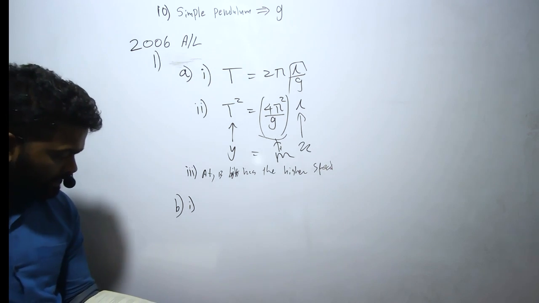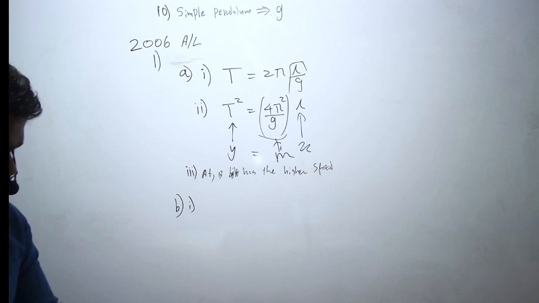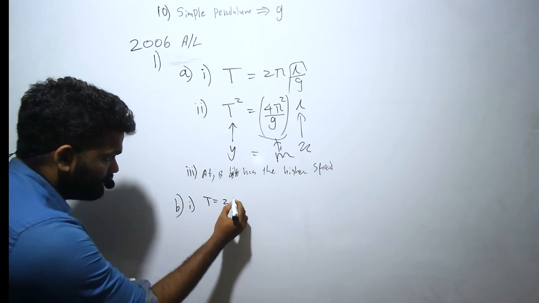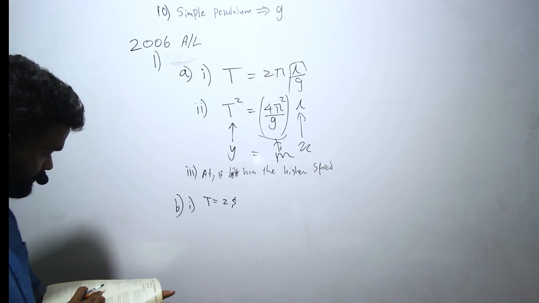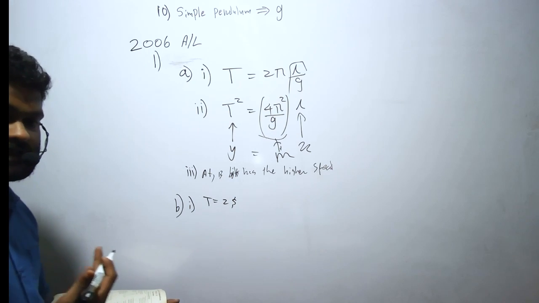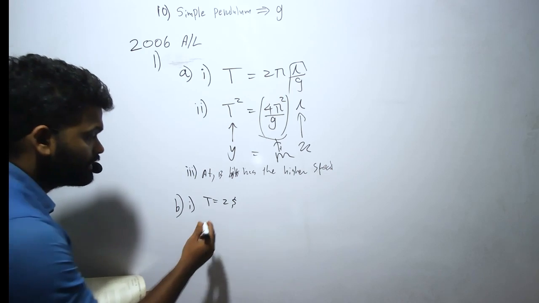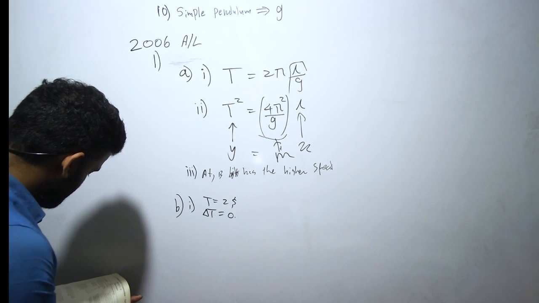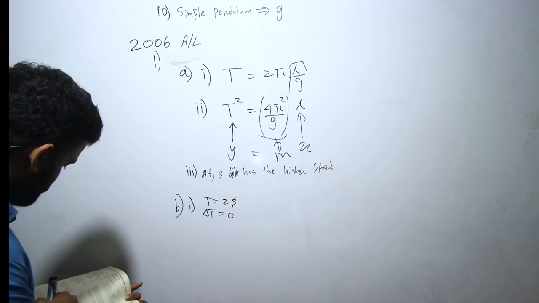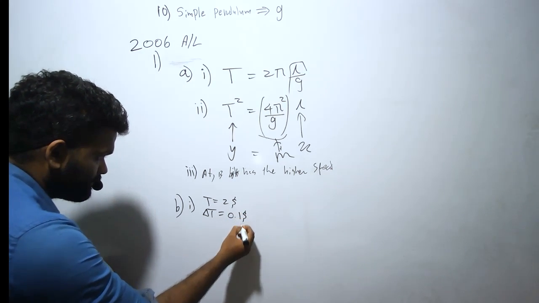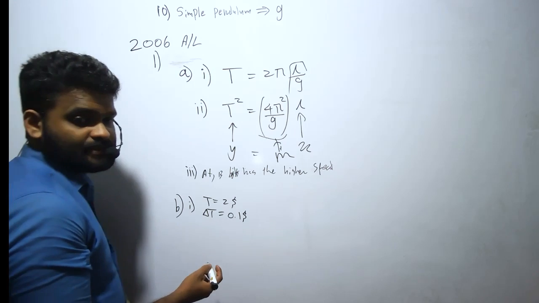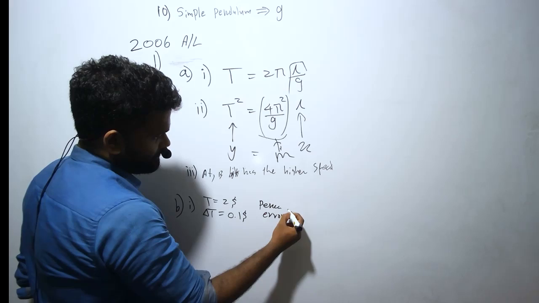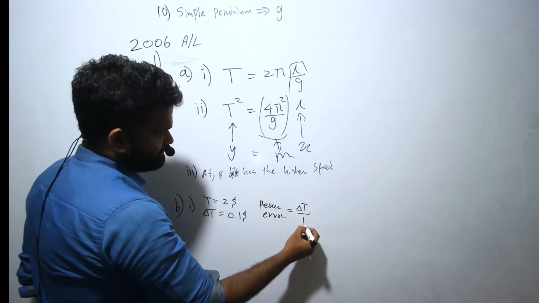Okay. Part 1. The student measures the time for only one oscillation. That value is given as 2 seconds. Instrumental error, that is the least count, right? That is delta t. They said 0.1 seconds. Percentage error: how do you find delta t divided by t?